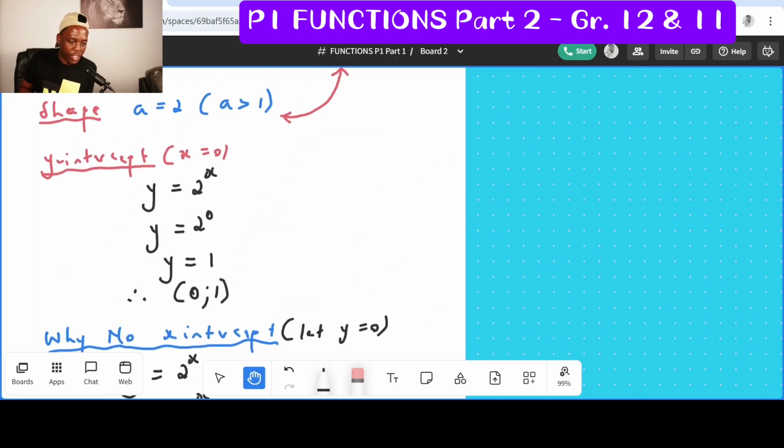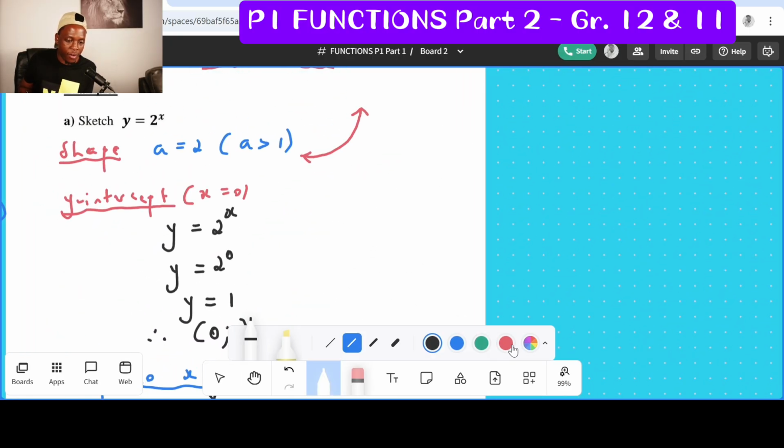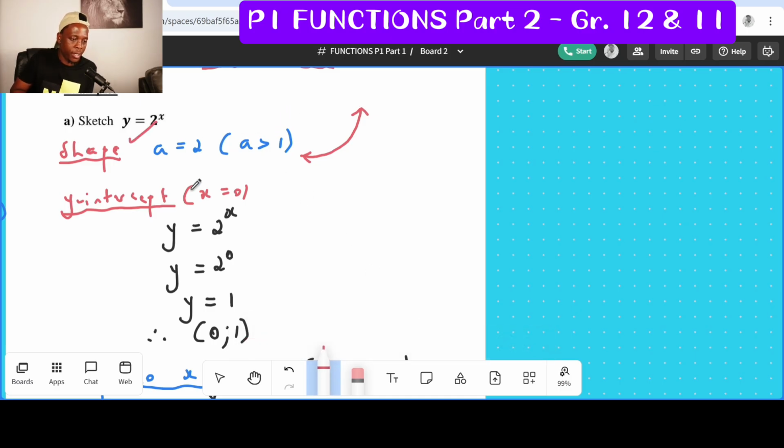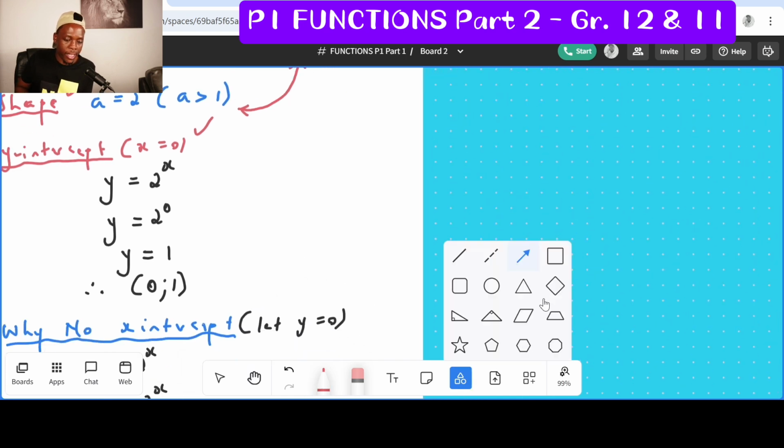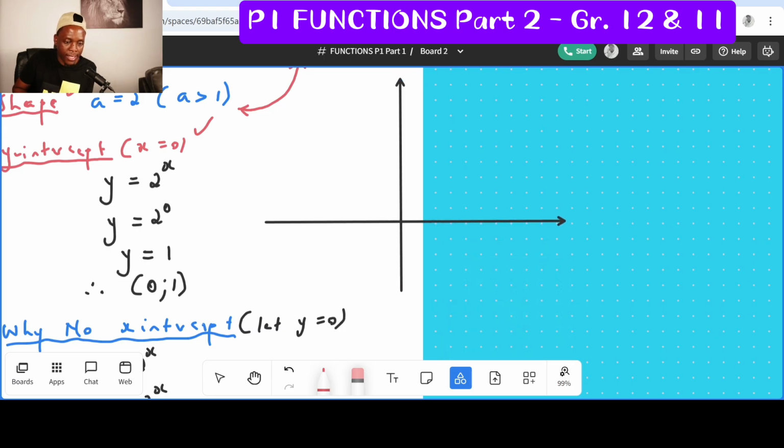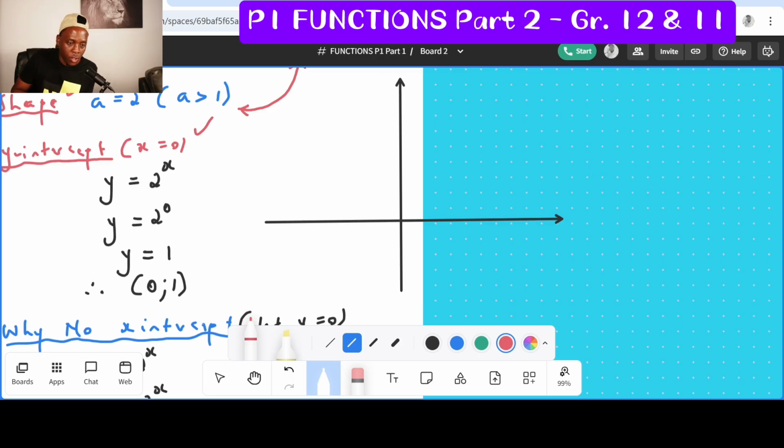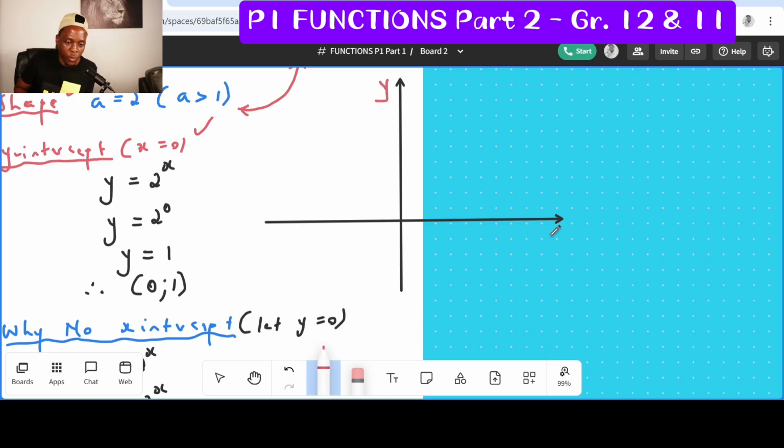Let's sketch and see. So we have everything we need, which is actually what? The shape and the y-intercept. So to sketch, we need the y-axis and the x-axis. So let's label them as such. So here is the y-axis, here is the x-axis, here is 0.